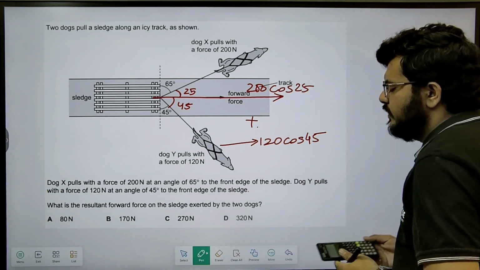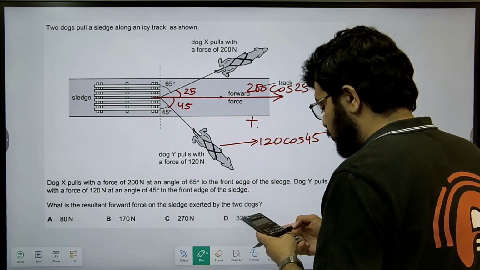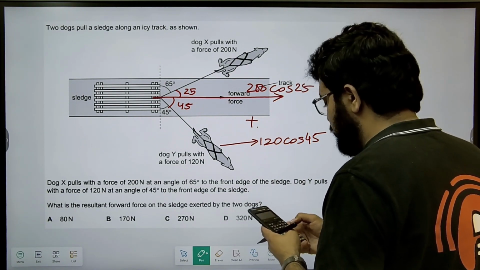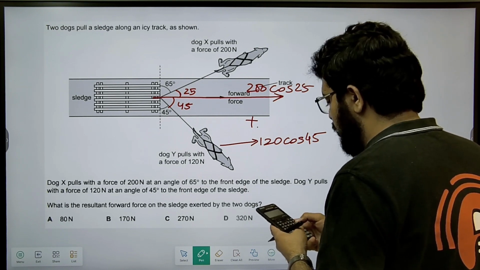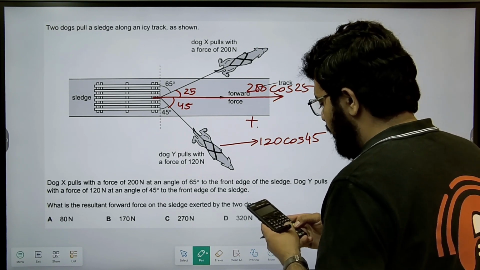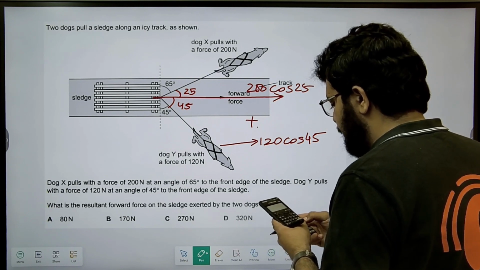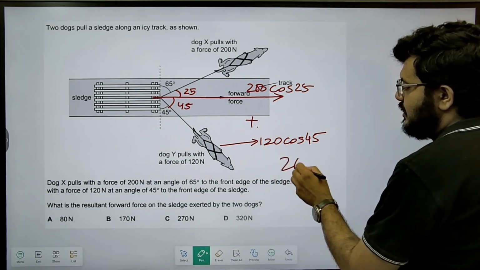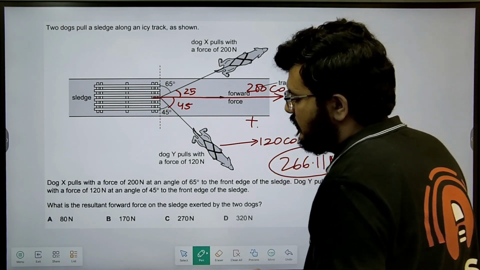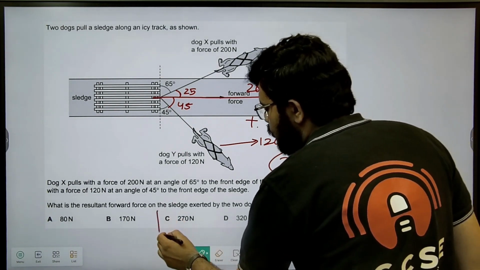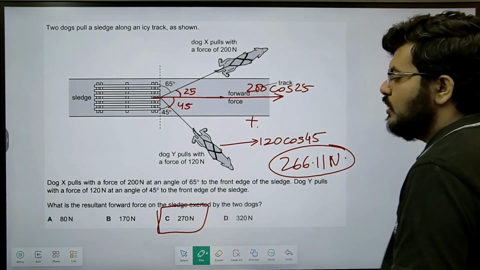Addition of these two will give the total forward force, 200 cos 25 plus 120 cos 45, which gives me 266.11 Newton. Let's find the nearest answer. We have 80, 170 and 270 Newton should be your answer.